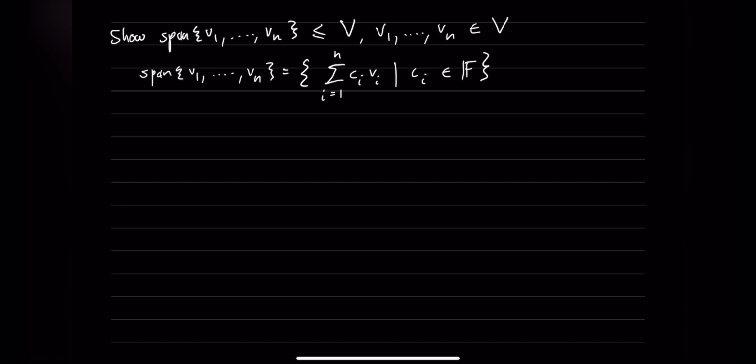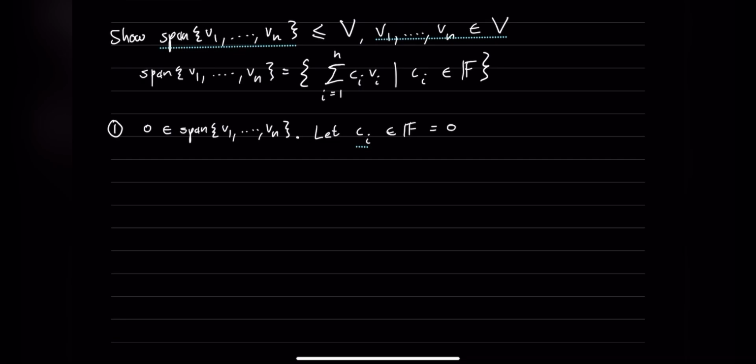To show that the span of a set of vectors is a subspace, the first condition we have to show is that the zero vector is in the span of V1 through Vn. To show that, we could let each Ci in the field equal 0.